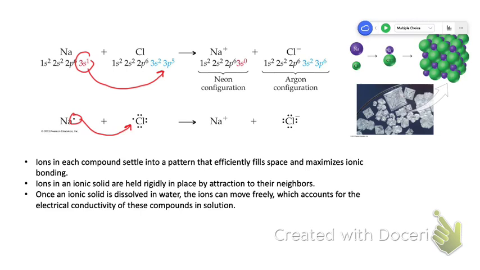Now, you all know positives attract negatives, right? That's called electrostatic forces, and they get the ions to combine. So here's a cartoon version of that. Like Dr. Bailey was saying, if you had the magic school bus and you zoomed in on this, you'd see this crystal lattice structure with the chloride anions nestled here and the sodium cations in between them. You're zooming in on just one of these salt crystals.